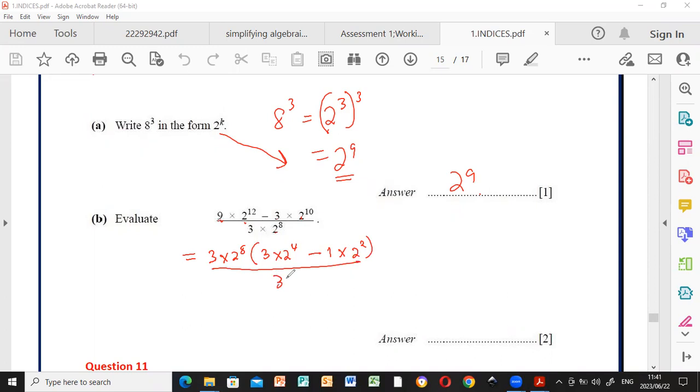All over 3 times 2 to the power of 8. This cancels with this, and what you remain with is 3 times 2 to the power of 4, which is 16, minus 1 times 2 to the power of 2, which is 4. So 3 times 16 you get 48, minus 4, and straight away our answer is 44. That's the solution in this case.